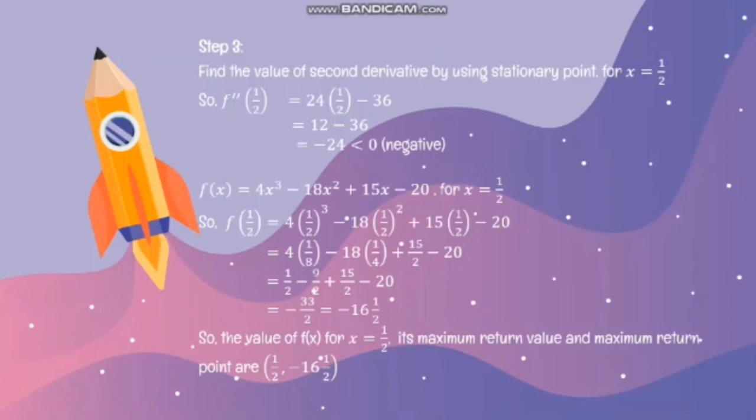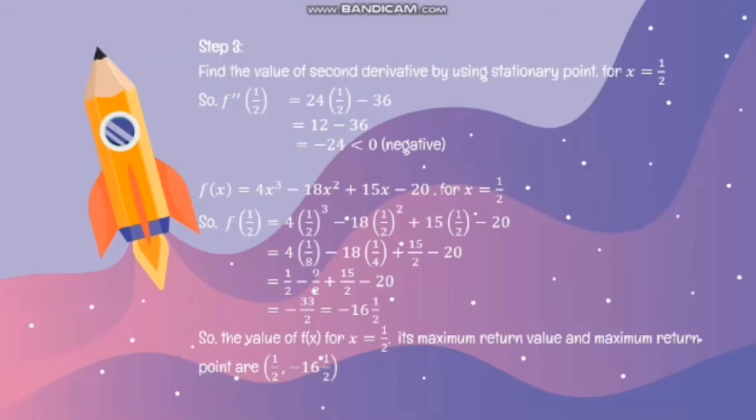So f for x equals a half equals 4 multiplying a half cubed minus 18 multiplying a half squared plus 15 multiplying a half minus 20 equals 4 multiplying 1 per 8 minus 18 multiplying 1 per 4 plus 15 per 2 minus 20 equals a half minus 9 per 2 plus 15 per 2 minus 20 equals minus 33 per 2 equals minus 16 a half.